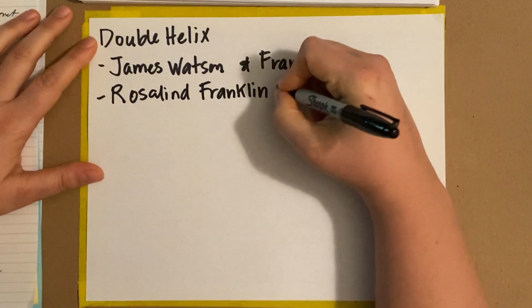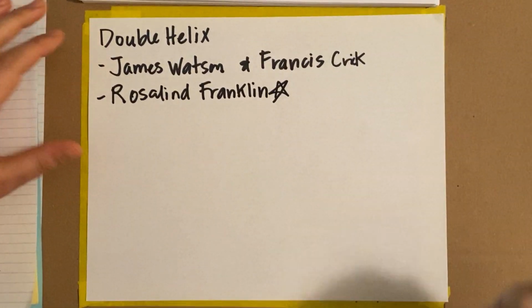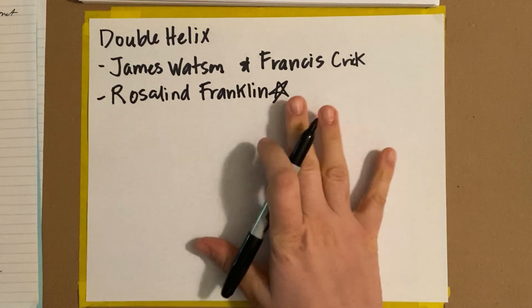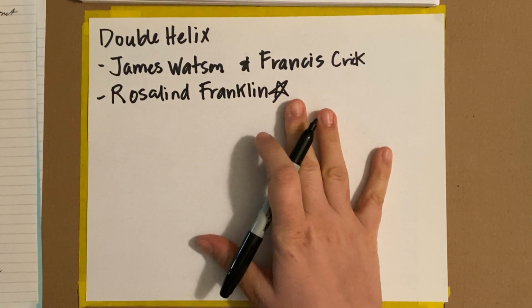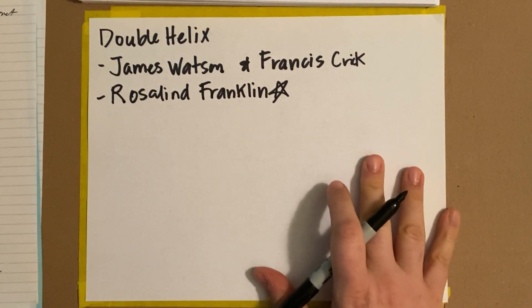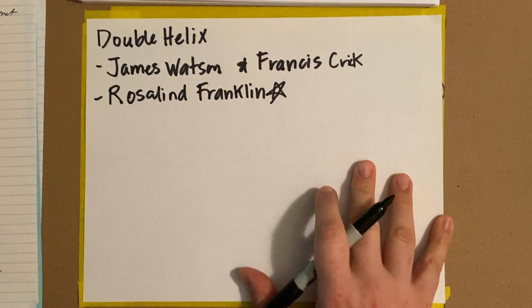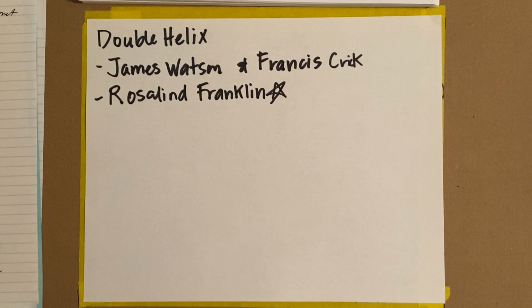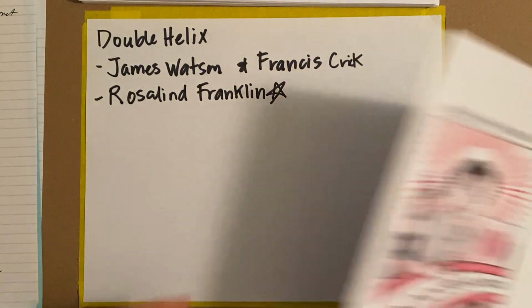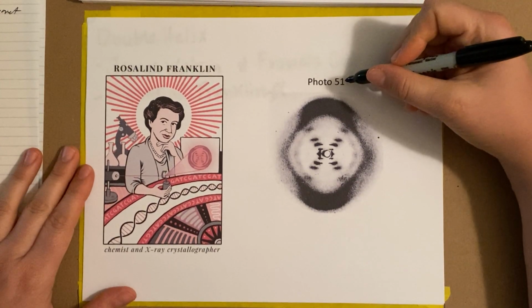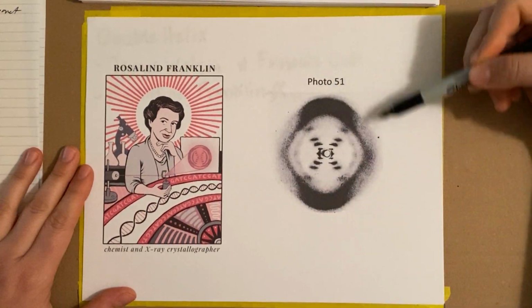So I think that Rosalind Franklin is an extremely important character in this story. At the time when all this was going on, she was completely pushed back. But what Rosalind Franklin did is she actually took pictures of DNA. She crystallized DNA, and she took a picture, and her famous picture is called Photo 51. And so this is what this looks like.